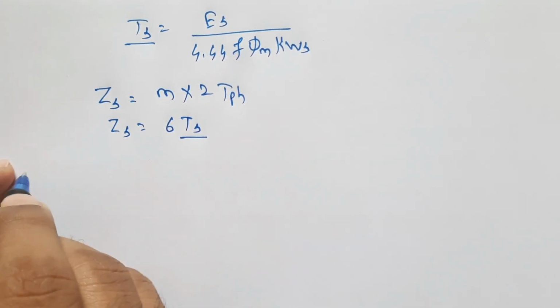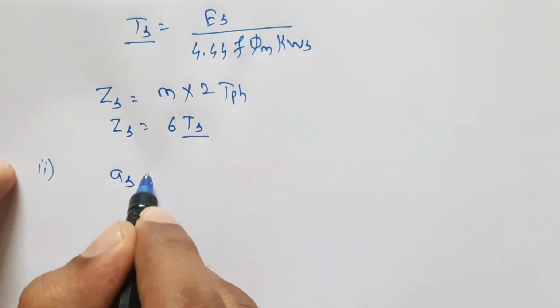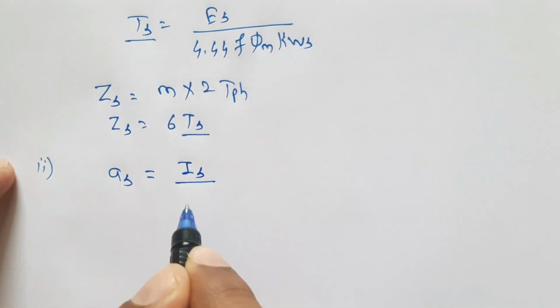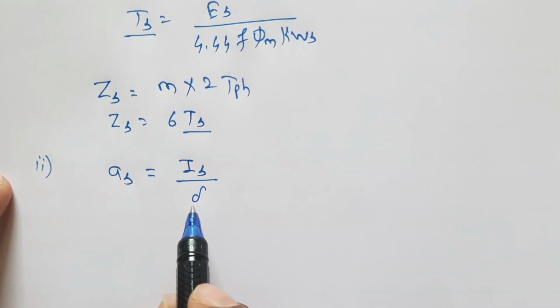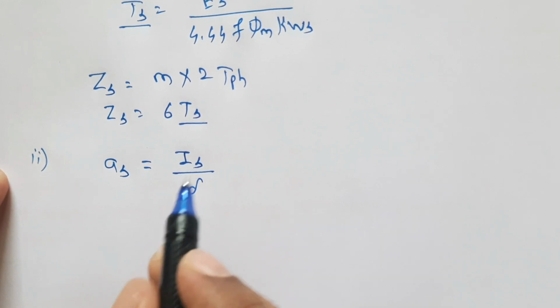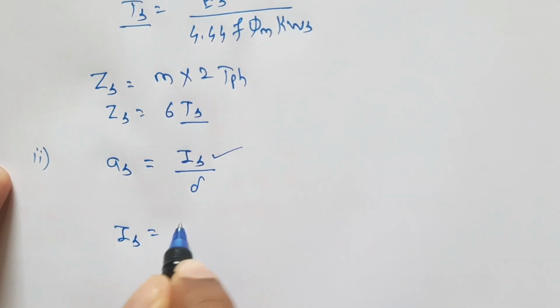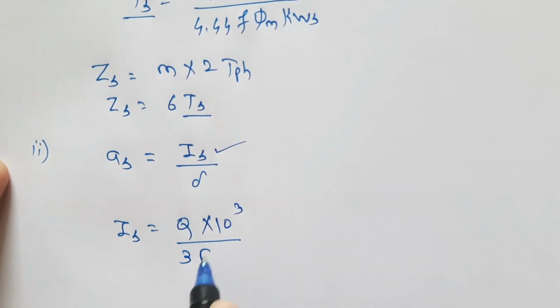Now, the next step is to find the cross-sectional area of the conductor, that is AS is equal to IS divided by delta. In the given problem, the current density is given, that is 3.5, but we don't know the value of IS. To find IS, IS is equal to Q into 10 to the power 3 divided by 3 ES.